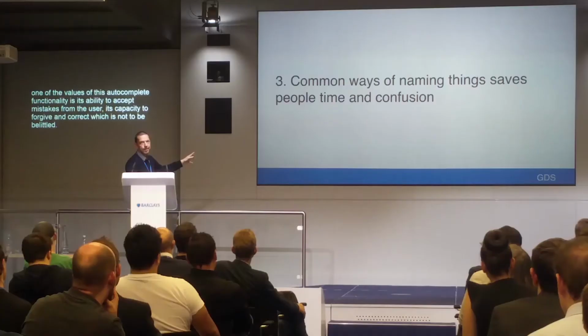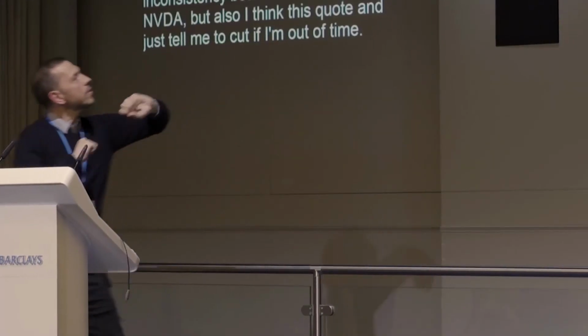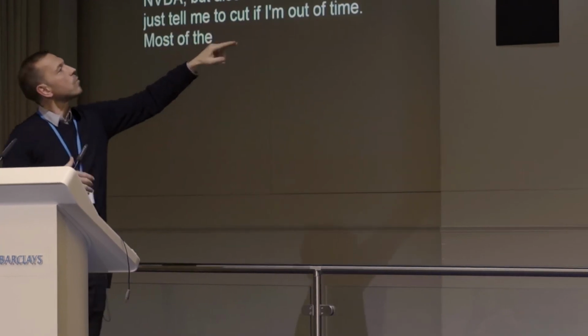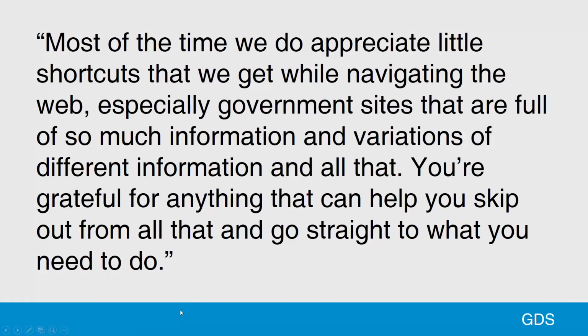Common ways of naming things saves people time and confusion. I mentioned that inconsistency between JAWS and NVDA. "Most of the time we do appreciate little shortcuts that we get while navigating the web, especially government sites that are full of so much information, variations of different information. You're grateful for anything that can help you skip out from all that and go straight to what you need to do."